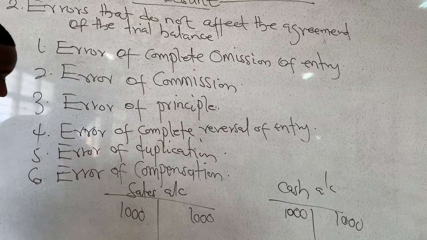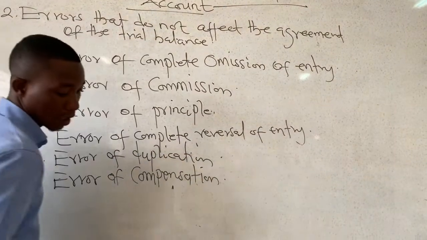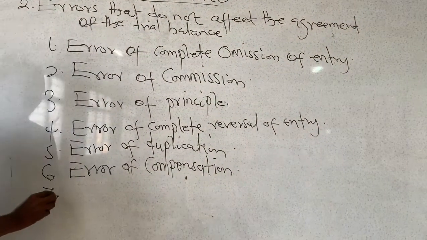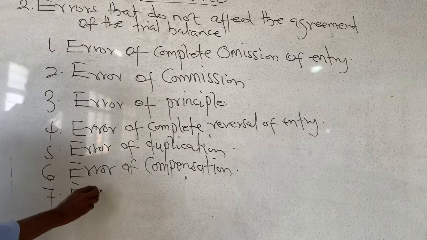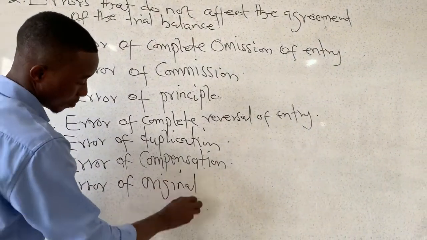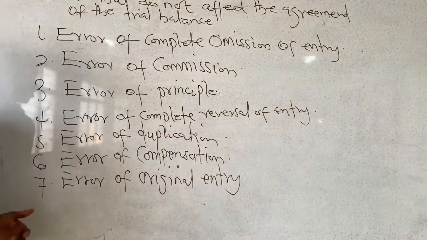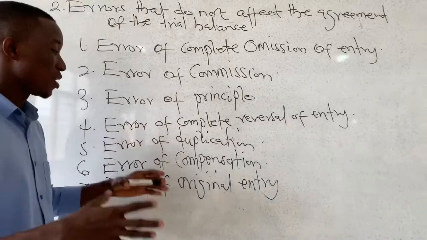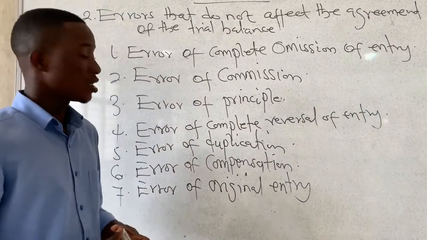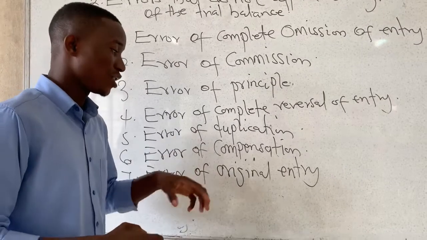Is that okay? The last but not the least error I would like to talk about is error of original entry. This type of error we normally commit at the initial stage of our entry. We commit them at the initial stage, that is original entry.